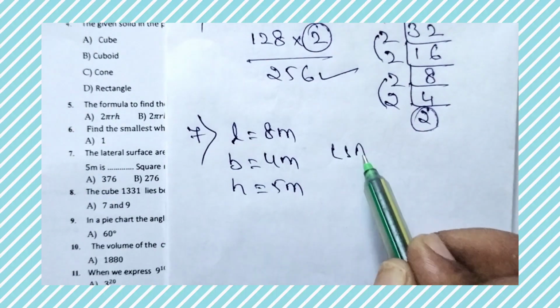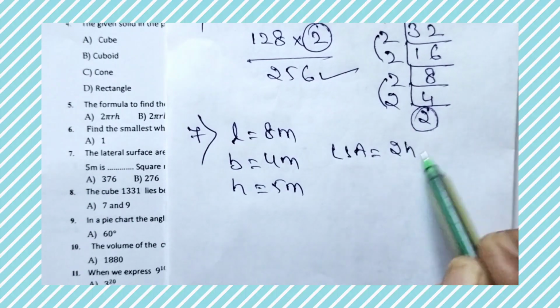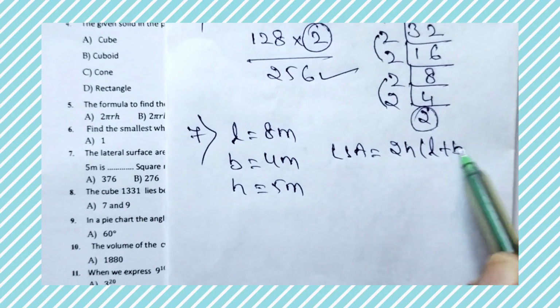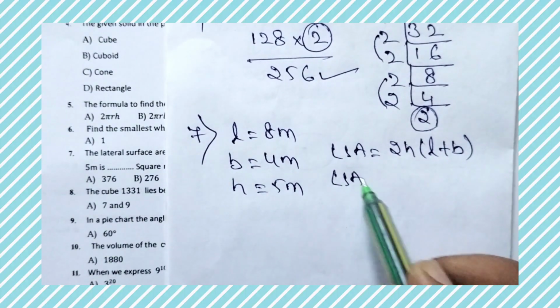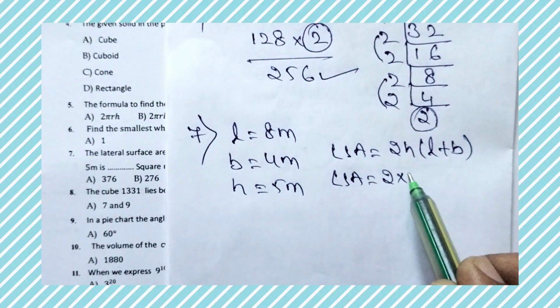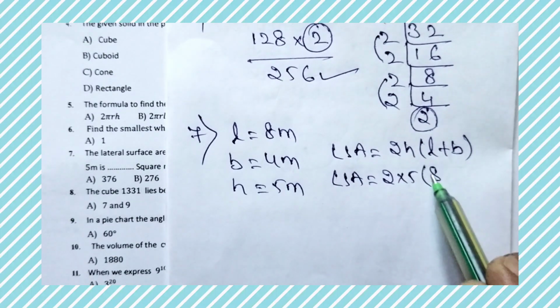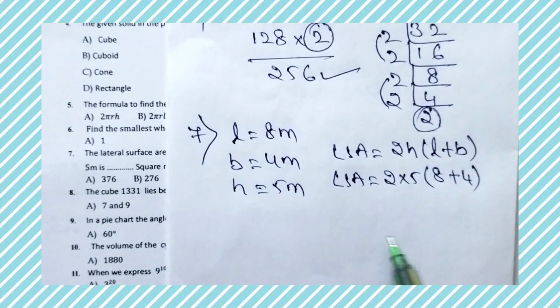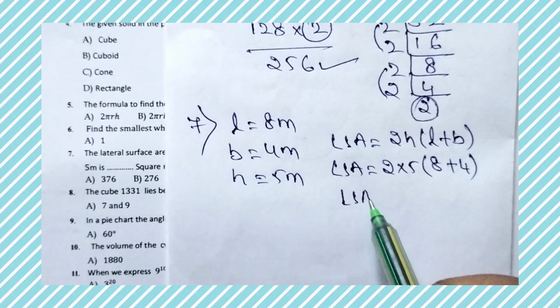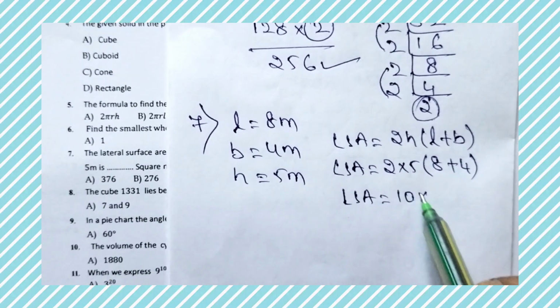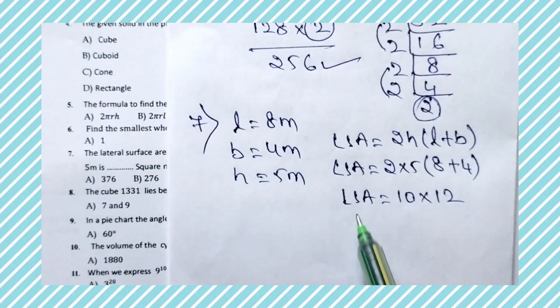So we have to find out LSA. LSA is equal to 2h into (L plus B). So LSA is equal to 2 into h, which is 5, into L, which is 8, plus breadth, which is 4. So LSA is equal to 2 fives are 10, into 8 plus 4, which is 12.